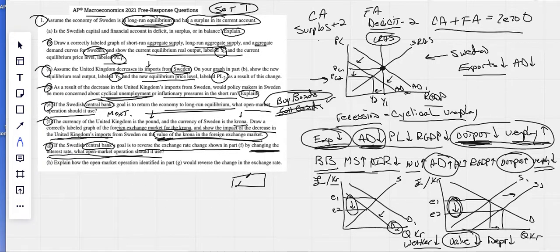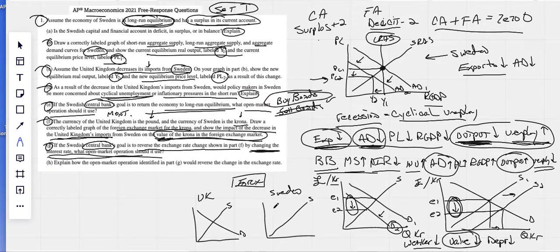So let's just draw a little FOREX understanding here. Here's the UK. Here's obviously Sweden. And here's the UK's correctly labeled graph of the foreign exchange market for the pound. And here's Sweden's. Let's not do it like that.